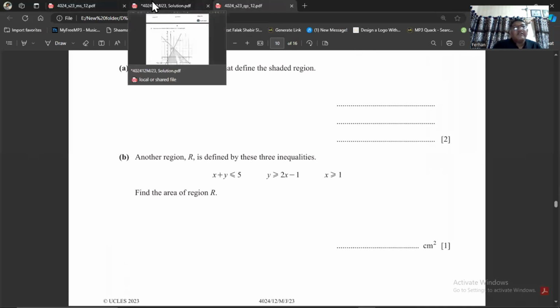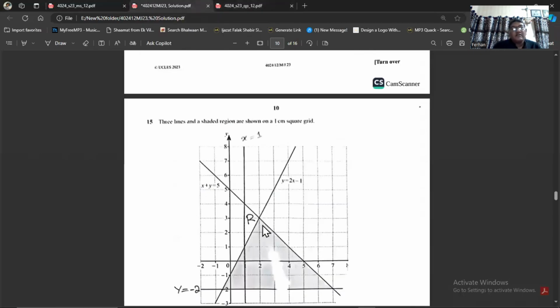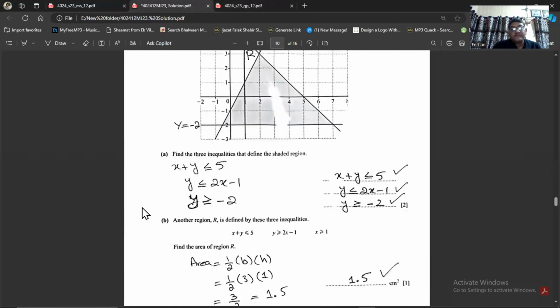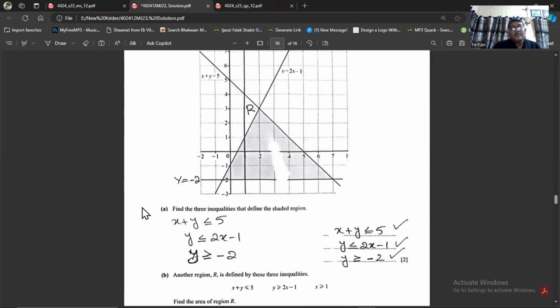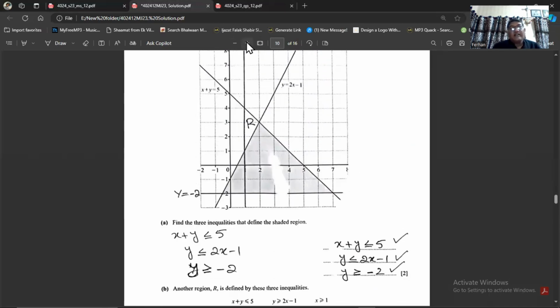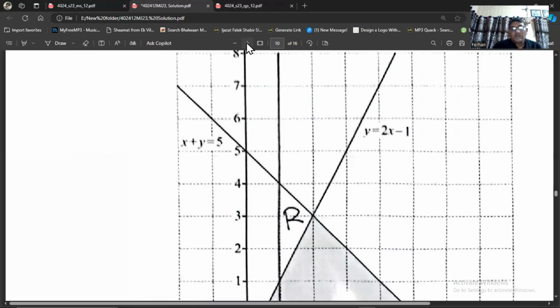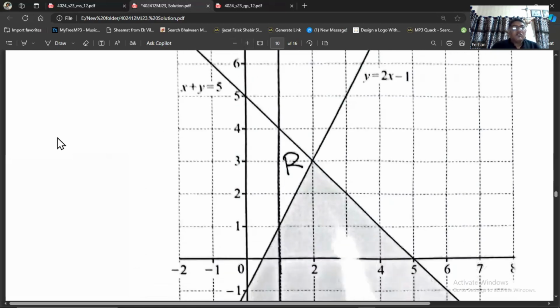Find the area of the region R. So this is that area. It's in the shape of a triangle.